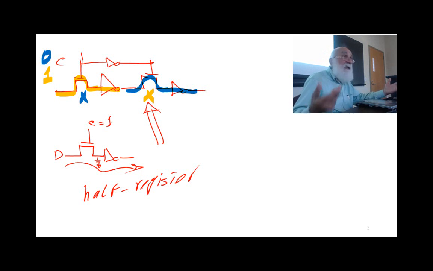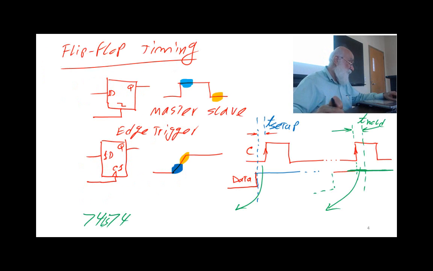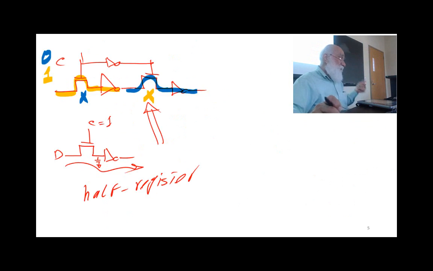The problem with this is again the problem we had with the master-slave here, which is you have to give it a time for it to go on and then off. And also there is a problem that because of the inverter in the clock, if you have overlapping, then because of the delay of the inverter, there will be a short amount of time that both of them are conducting.